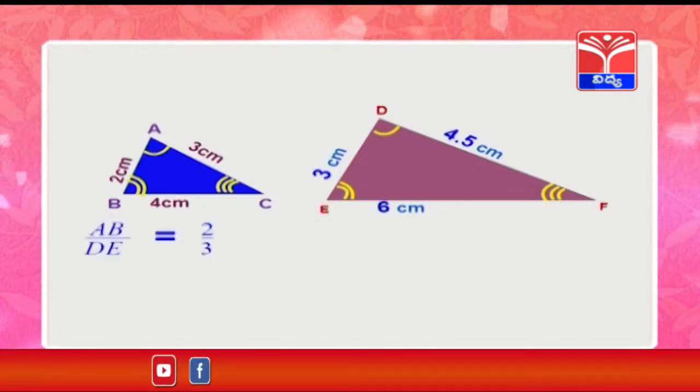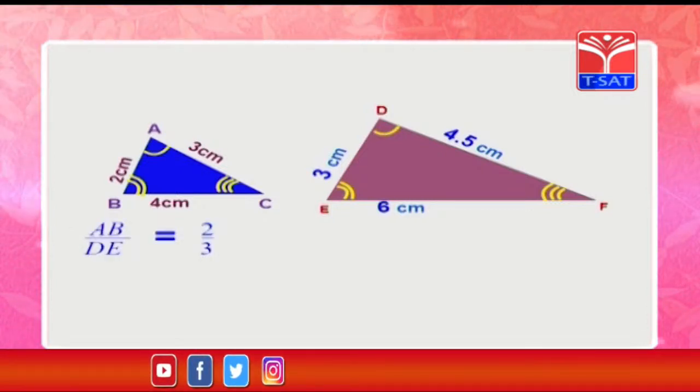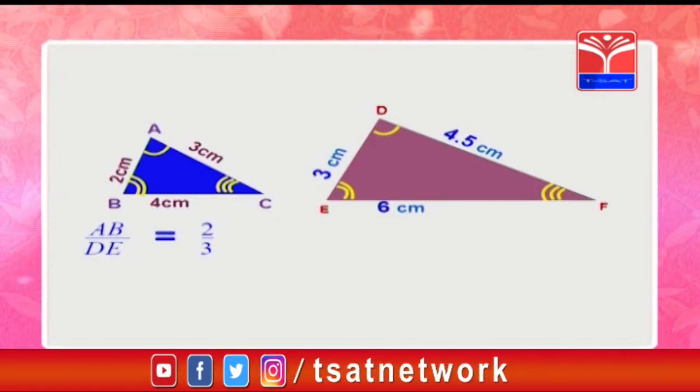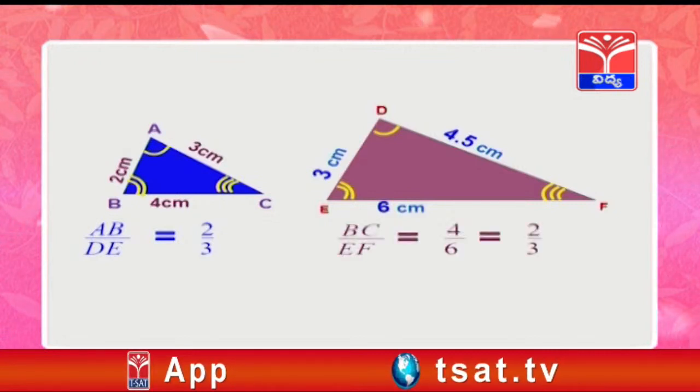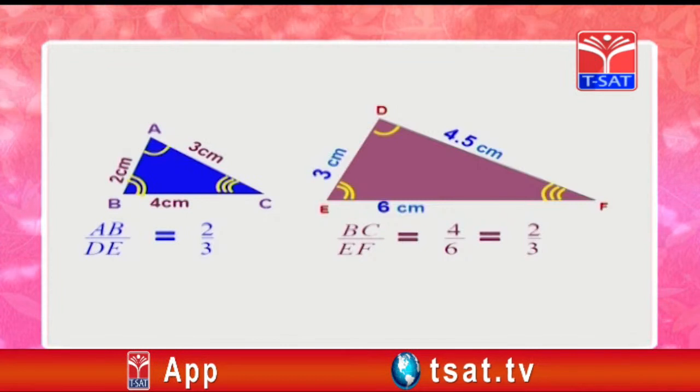Let us see, considering their ratio. Let us consider the ratio of the corresponding sides AB and DE, that is AB by DE is 2 by 3. Now, let us take the ratio of the sides BC and EF.